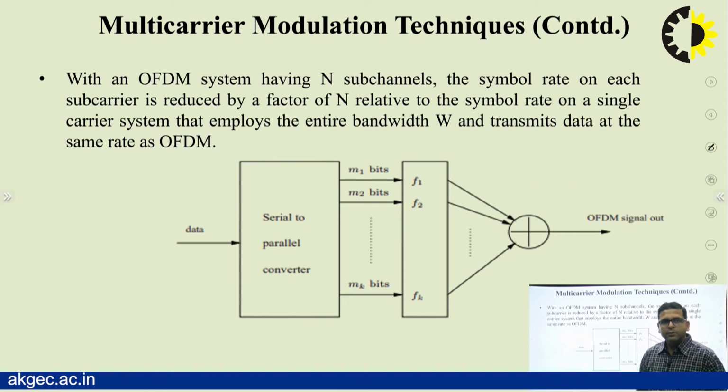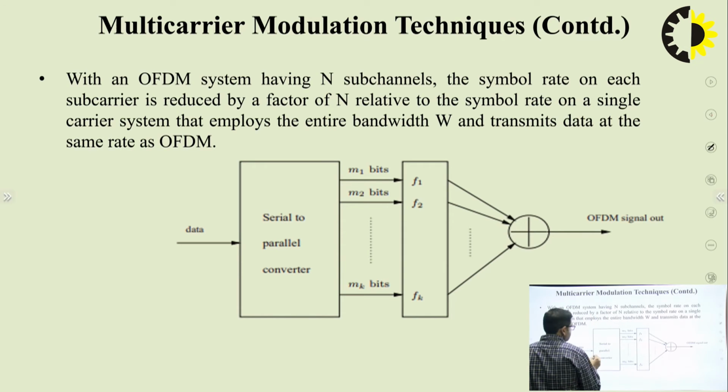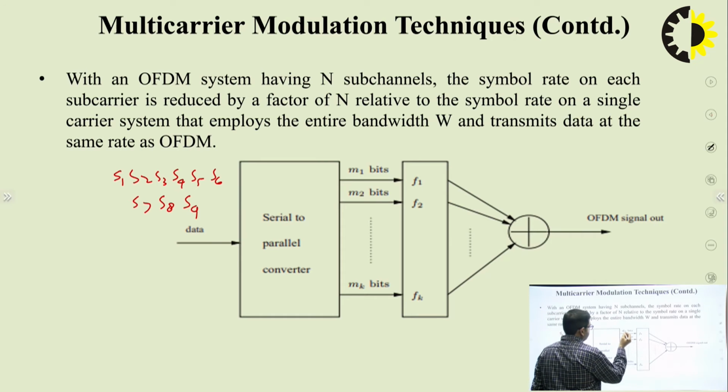The concept is shown here. First, the incoming data sequence, which is serial like this: S1, S2, S3, S4, S5, S6, S7, S8 and S9. This serial data is converted into parallel data like this: S1, S2, S3, S4, S5, S6 and so on.